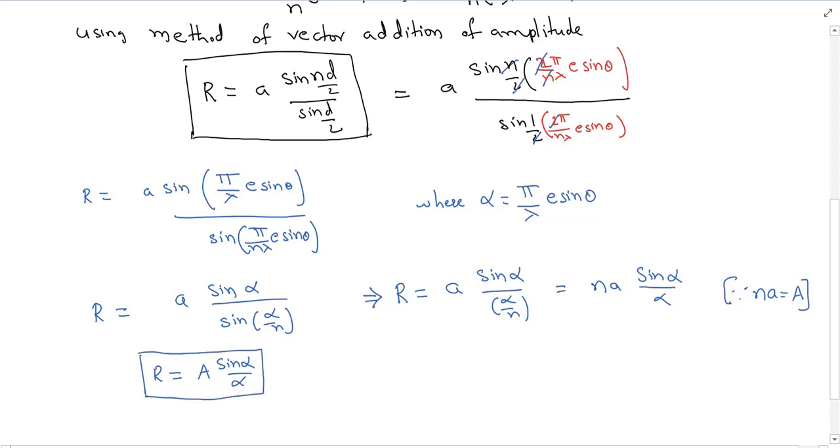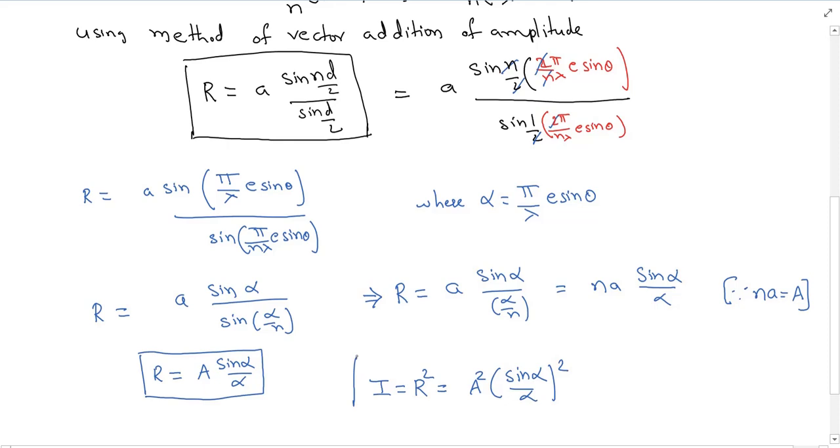So at point P dash, what we are going to get depends on this resultant amplitude. As we know, intensity is equivalent to the square of the amplitude. So the expression becomes A square into sin alpha by alpha whole square.